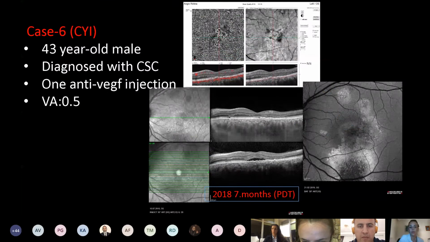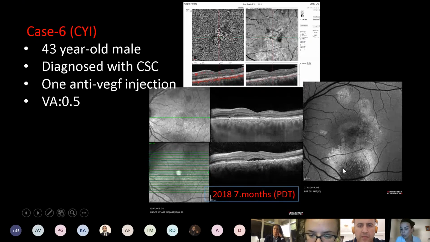Case 6, a 43-year-old male diagnosed with central serous chorioretinopathy. He had already had 1 injection in Istanbul and came to our clinic for photodynamic therapy. Visual acuity was 0.5. At the beginning he was not active; there was no subretinal fluid or anything else. I just noticed this big choroidal neovascular membrane in the center, and the choroid is very thick, much thicker than in the other case.